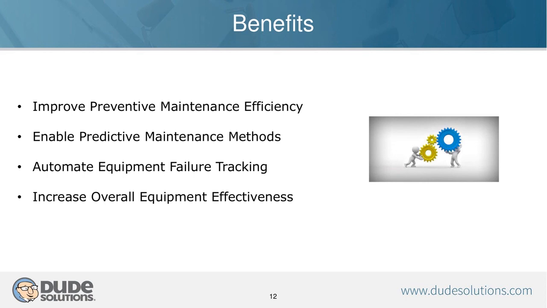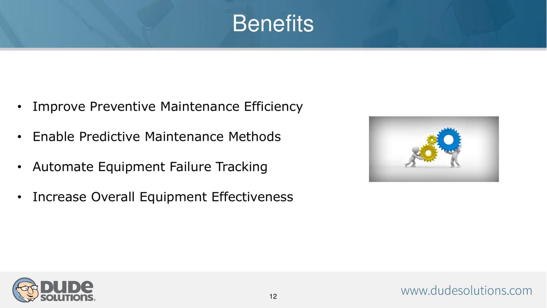But if you have that information, which the Industrial Internet of Things gives you the capability of doing, then you have the capability of implementing a strategy that's not based solely on a calendar, but can be based on actually how much the equipment is being used.